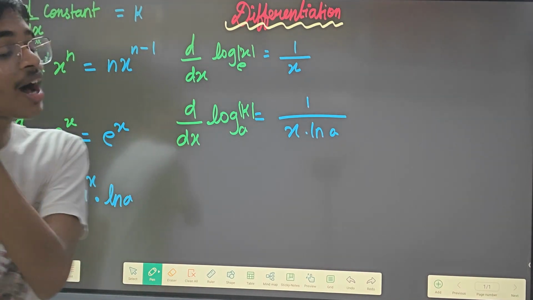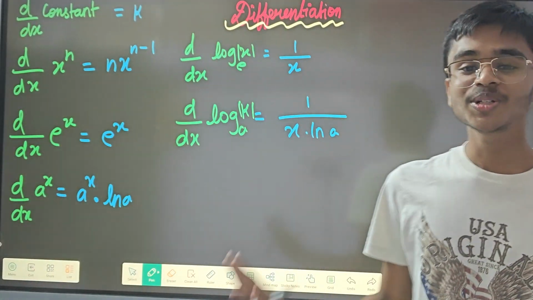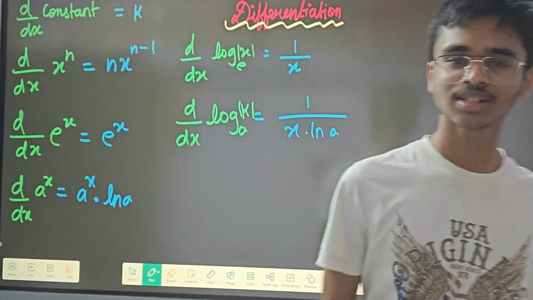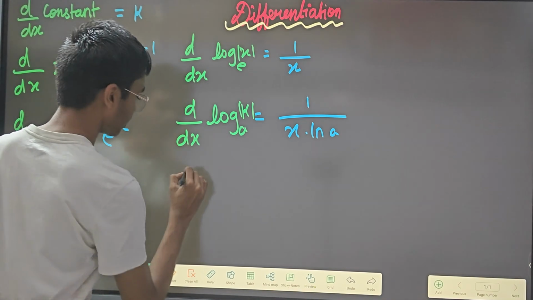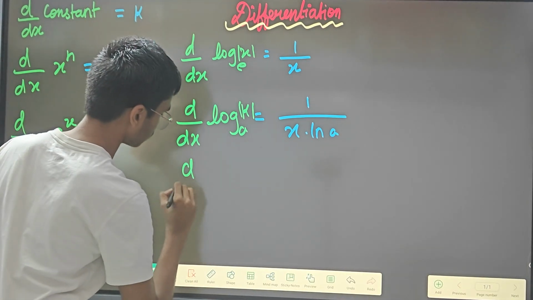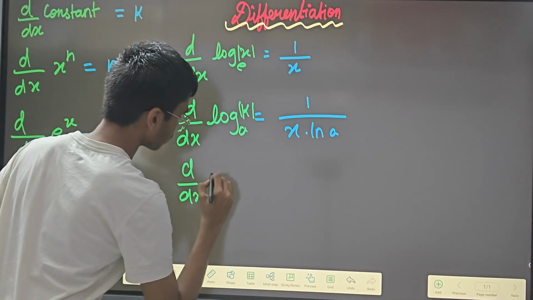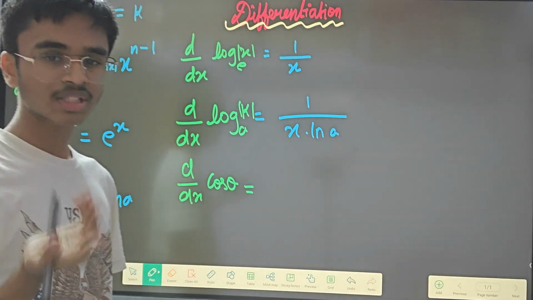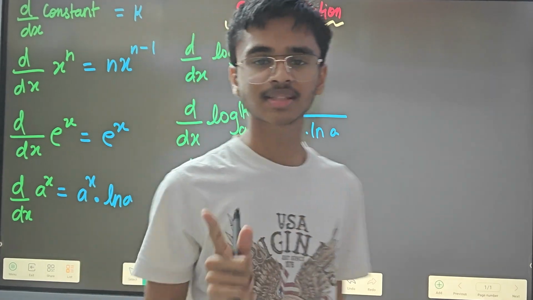So here comes our very famous trigonometric differentiation and inverse trigonometric differentiations. First one is d by dx of cos theta. It can be cos x, cos y, that's not a problem. In parametric differentiation we'll be discussing about this also.